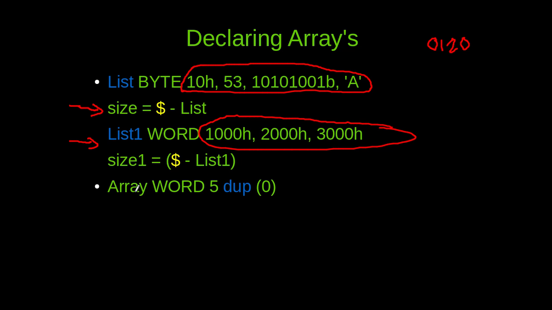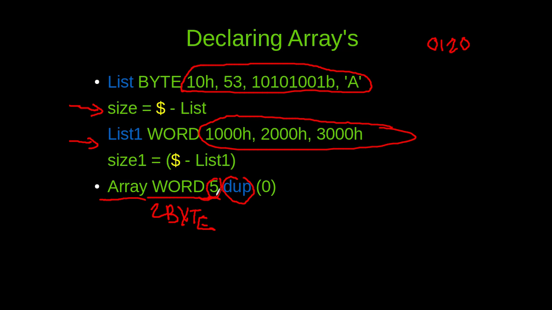Sorry about that, guys. Here I have array word. I'm declaring an array. I named it array. It's gonna hold 2 bytes. Size of it is 5 elements, and we use the dot operator.